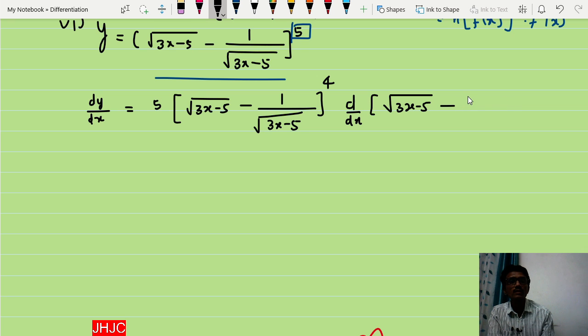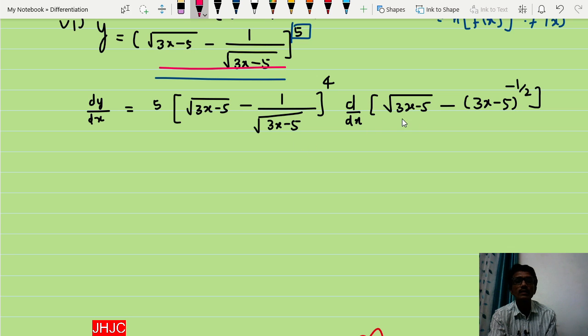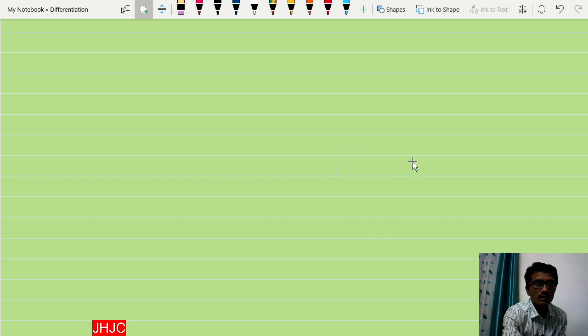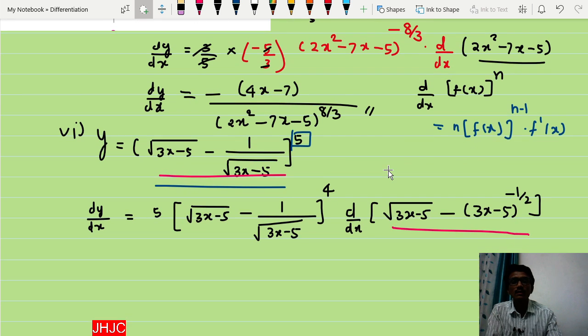This will go in the numerator and it will be 3x minus 5 raised to power minus 1 upon 2. This is our f(x), and here it is f dash of x. Now we solve it.